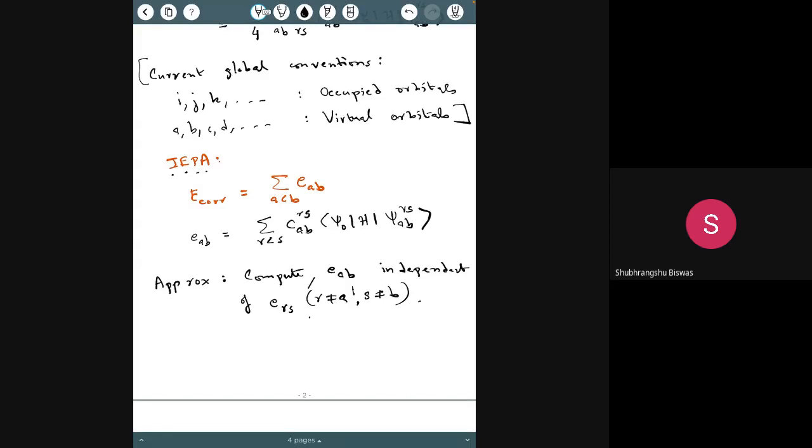Wave function based correlation methods means you start out by approximating the wave function. You are not approximating the Hamiltonian. You take various physically motivated approximations for the wave function, and then you proceed to determine the variables that you introduce into the wave function.